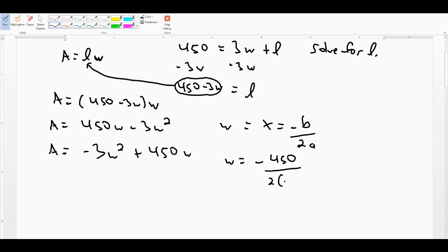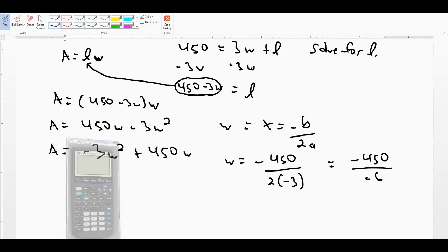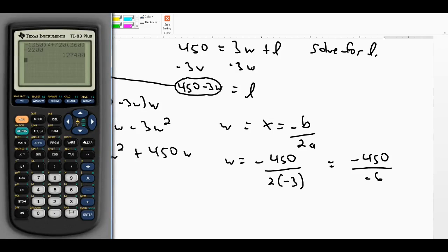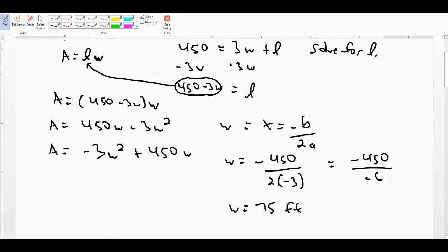Well, the a is negative 3, and so that results in negative 450 divided by negative 6. If you're ever not sure, take out your calculator and type in negative 450 divided by negative 6. We get 75. So 75 feet is our width. That's going to give us maximum area.